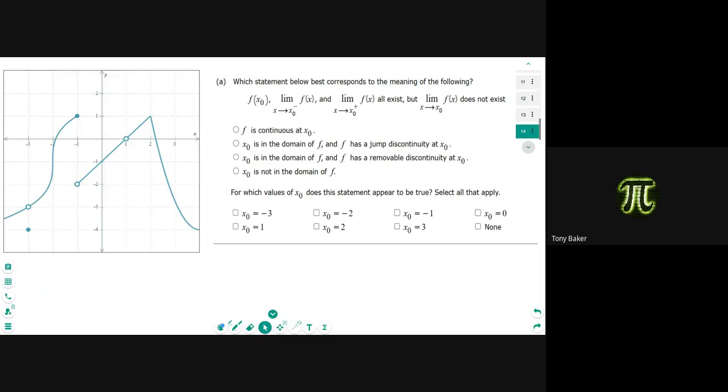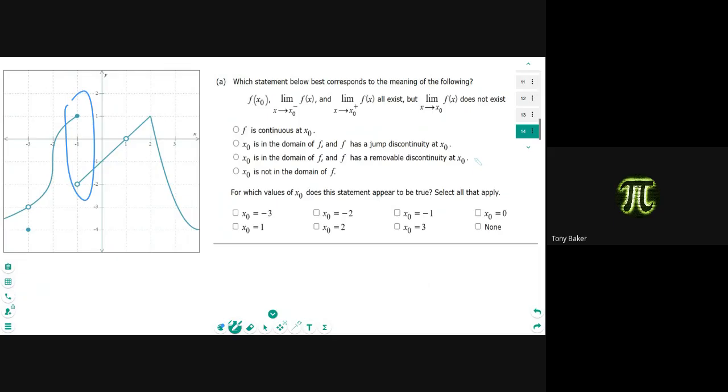Like you got x equals 2. Okay, why? Because it exists if you're going from the left or right, but if those don't equal each other, then the limit doesn't exist. Right.